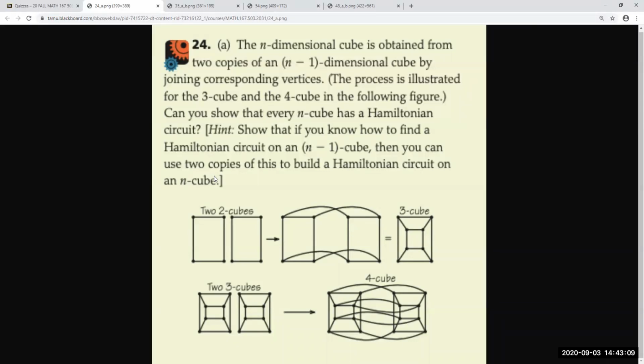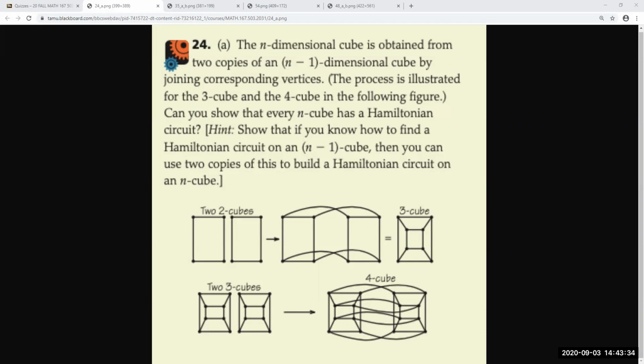So for example, the one cube is just an edge, right? And the two cube is made from two edges, connecting each corresponding vertices. That's the two cube.